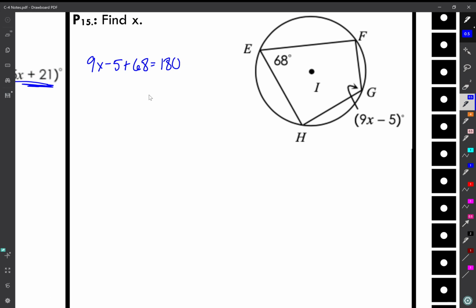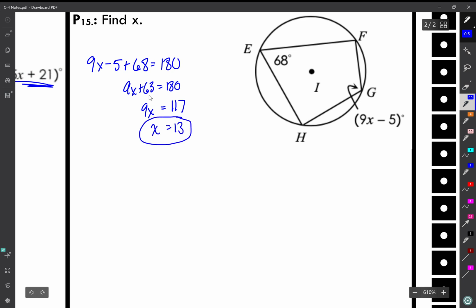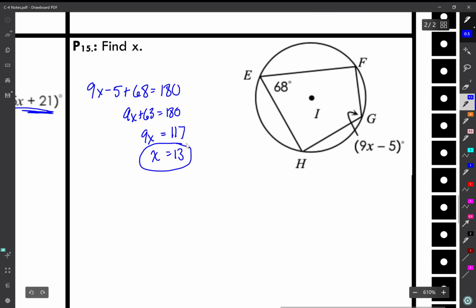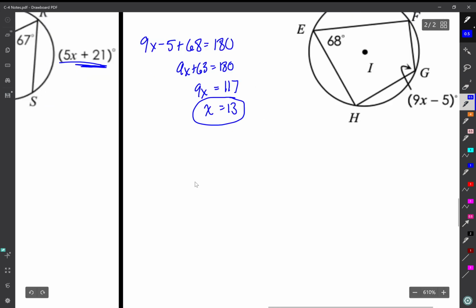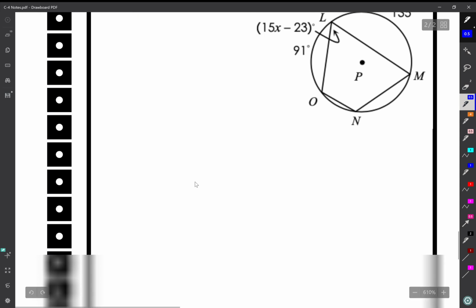That's what supplementary means. So that gives me 9x plus 63 equals 180. We'll subtract 63 from both sides to get 9x equal to 117, which gives me that x is equal to 13. Okay, that's number 15.